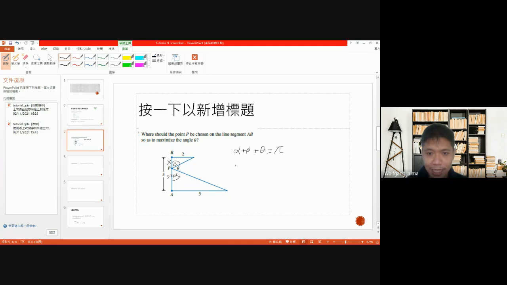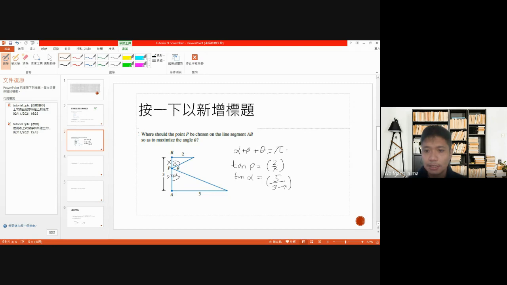So we know that tangent of beta equals 2 over x, right? And tangent of alpha equals 5 over 3 minus x.